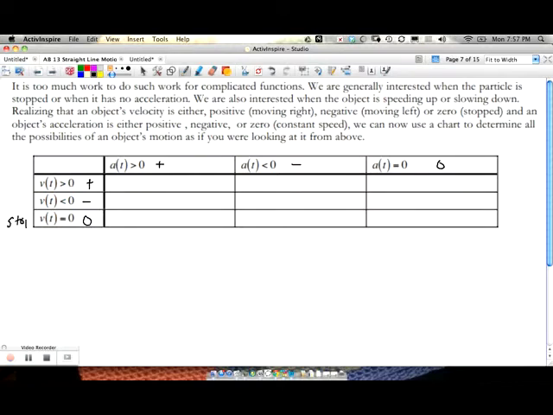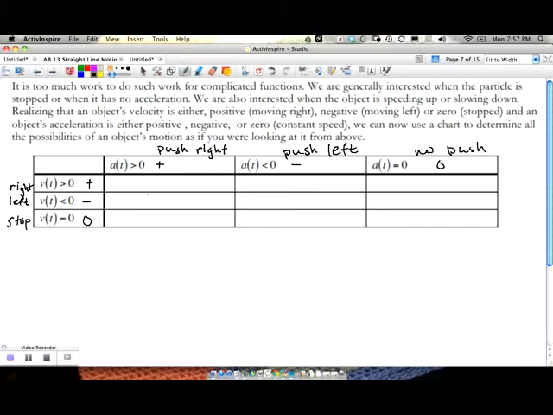So let's look at what happens. This is a push right and a push left and no push, the coast. So we're moving right, we're being pushed right, we are going faster.